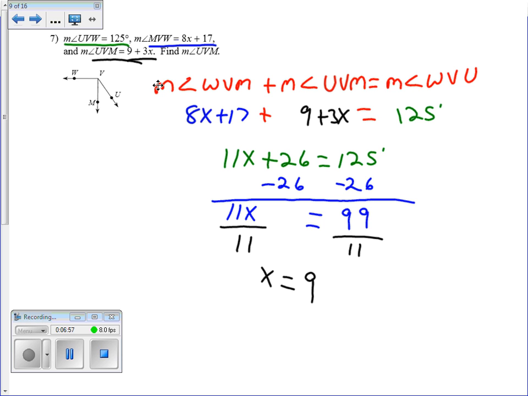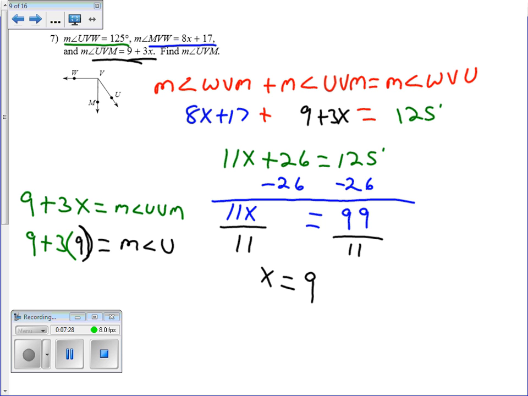So UVM is going to be 9 plus 3x. So, since x is 9, it's going to be 9 plus 3 times 9 equals the measure of angle UVM.